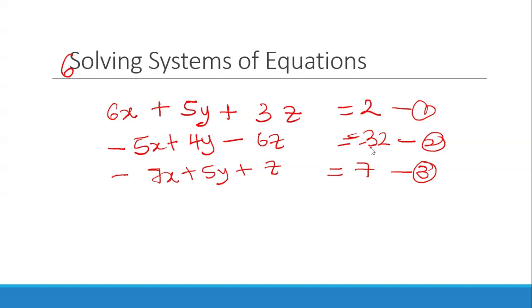So in matrix notation, this system can be written as Ax is equal to b. So now our A will be equal to, or A represents, the coefficients of all the variables in the equations. So the first row is 6, 5, 3.